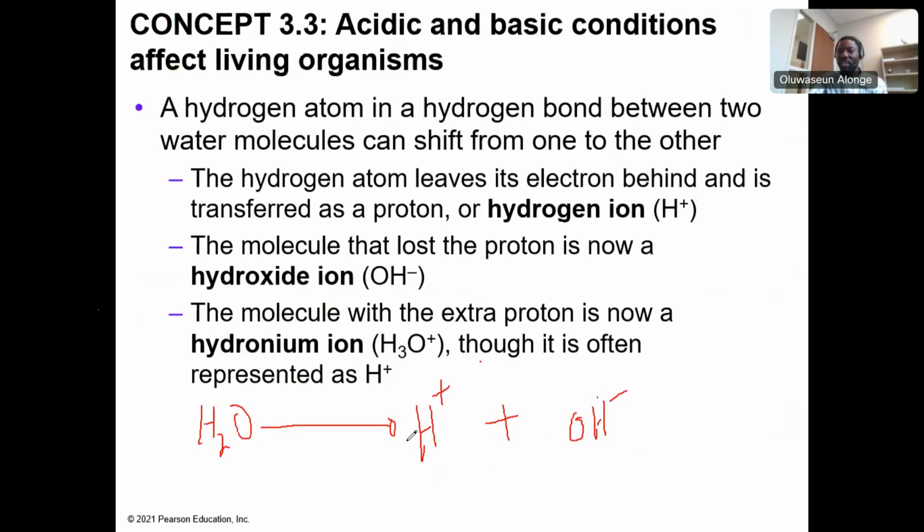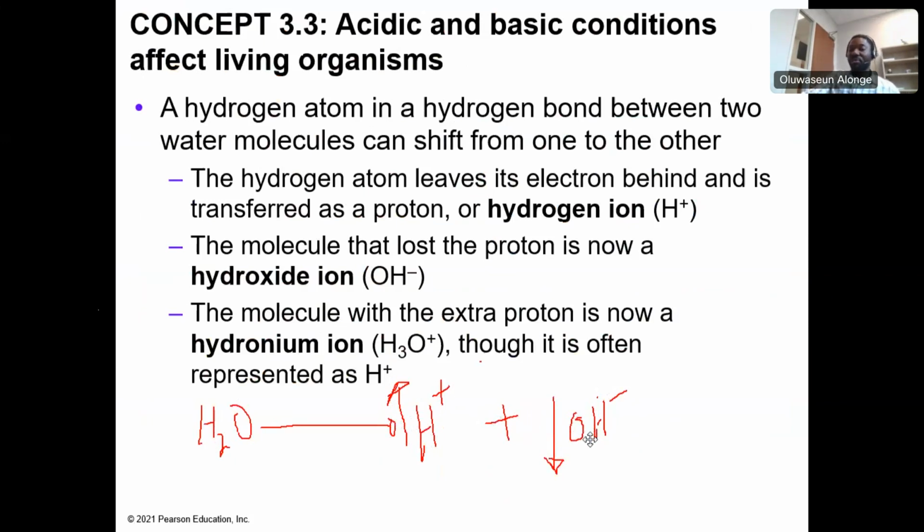When this increases, we say that acidity increases. When this reduces, we say that basicity reduces. So if I eat any food that gives me more hydrogen ion, that means my system becomes more acidic. If I eat food that gives me more hydroxyl ion, that means my system becomes basic.